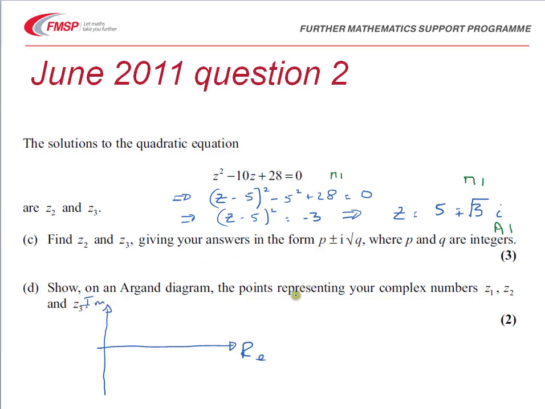The two values here that we'd found, z2 and z3, would then be shown as a symmetric pair here on the axis, so that they're conjugates of each other, 5 plus root 3i and 5 minus root 3i.